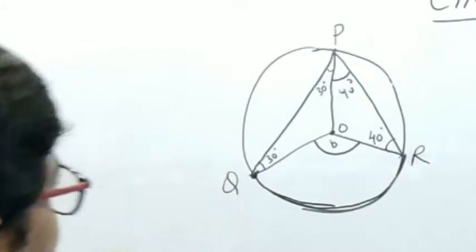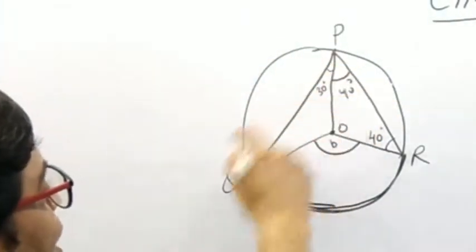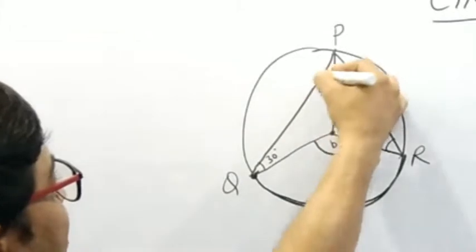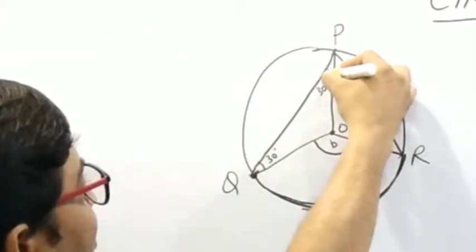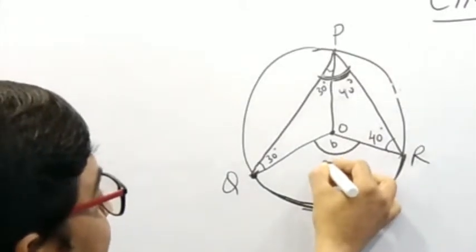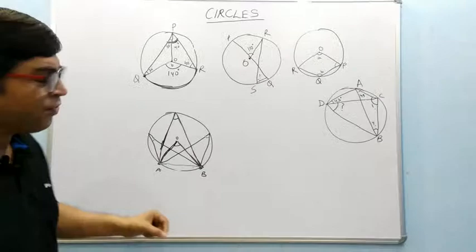Then we will apply the double relation. We will see carefully that this arc is making an angle of QPR at the remaining part of the circle, and this is 70 degree. So once we know this, we can get this easily, because this is double of that, 140 degree.